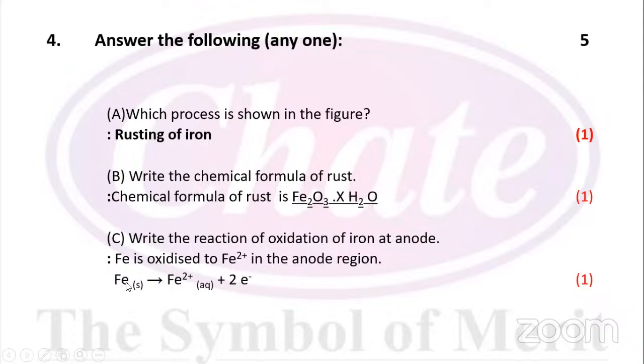You can see the reaction: Fe becomes Fe2+ plus 2 electrons. That means 2 electrons are released. Removal of electrons is nothing but oxidation. So this is the oxidation of iron at anode. Remember, at anode it is oxidation, as Fe is releasing 2 electrons.